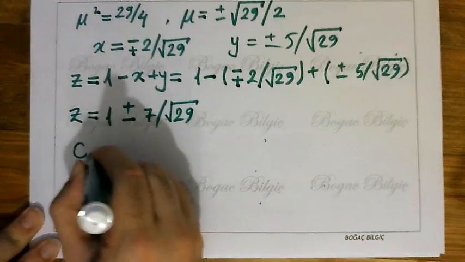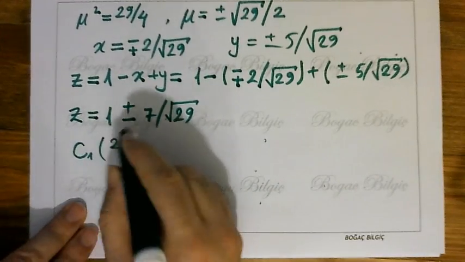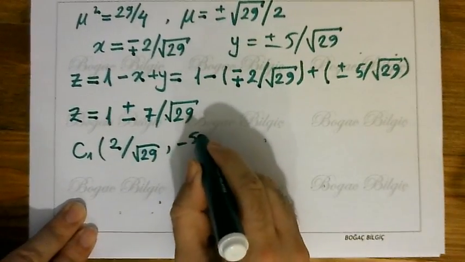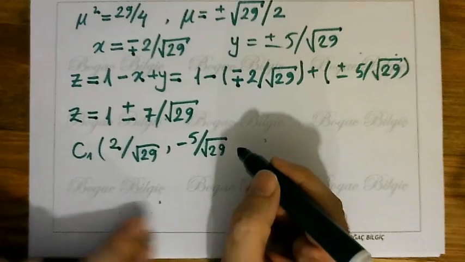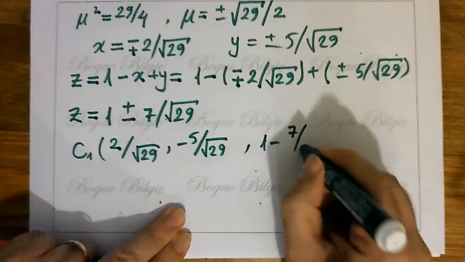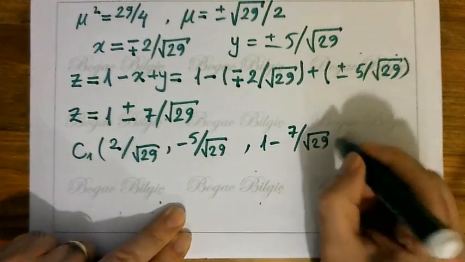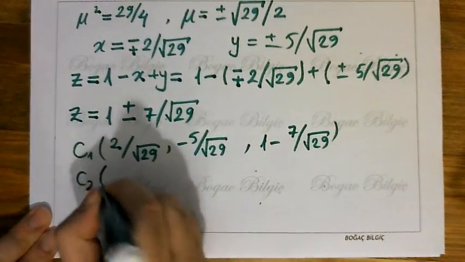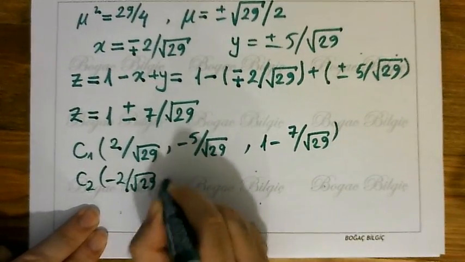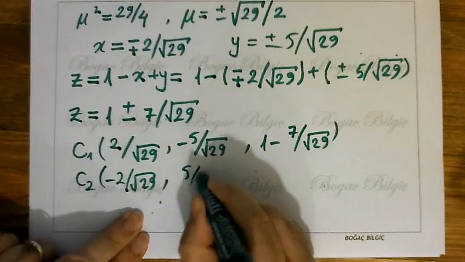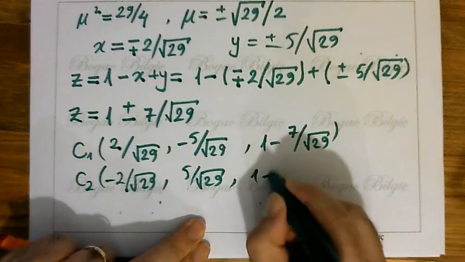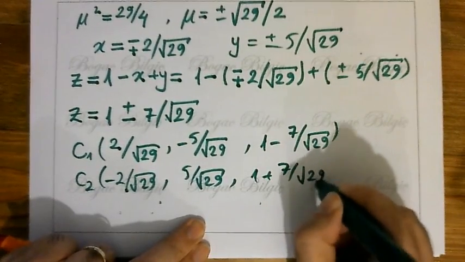So C1 is 2 divided by root 29, minus 5 divided by root 29, and 1 minus 7 divided by root 29, and C2 is minus 2 divided by root 29, 5 divided by root 29, and 1 plus 7 divided by root 29.